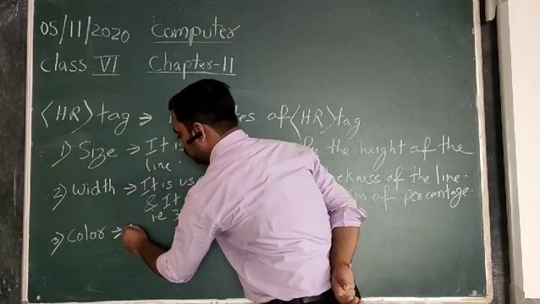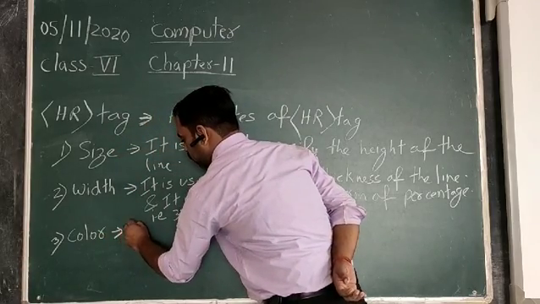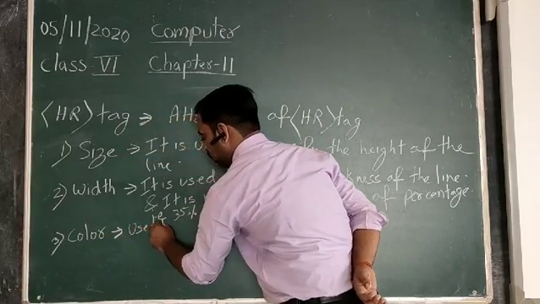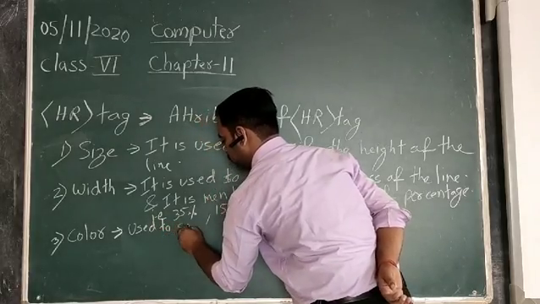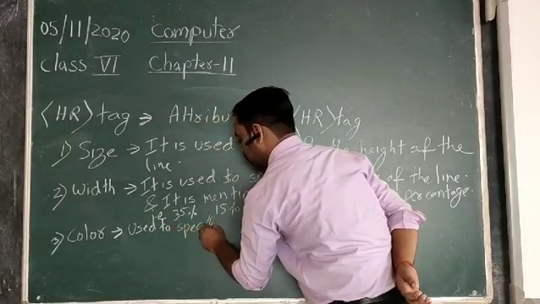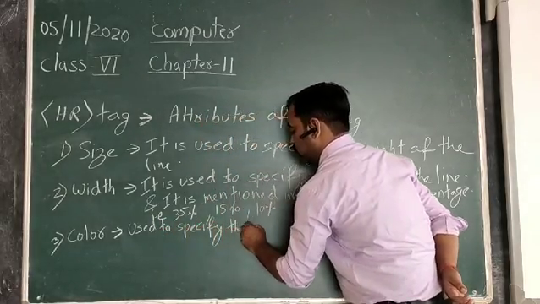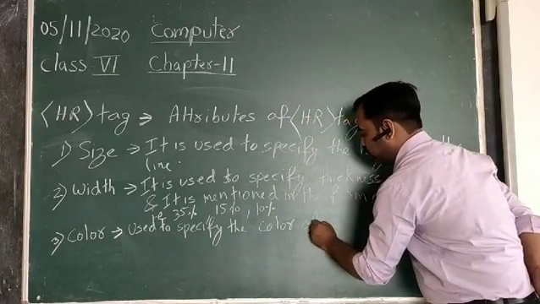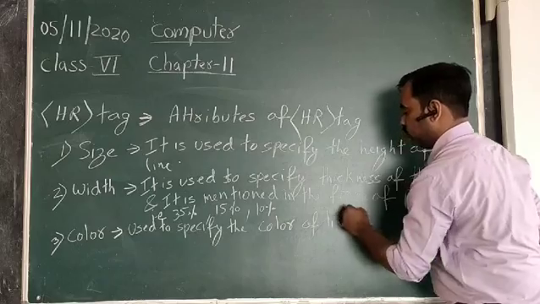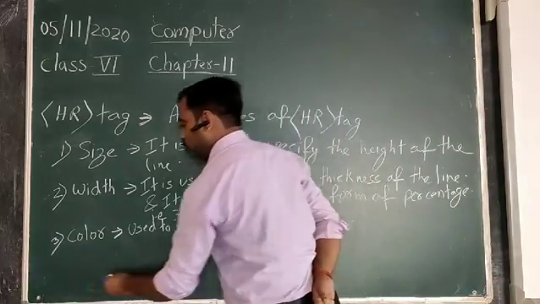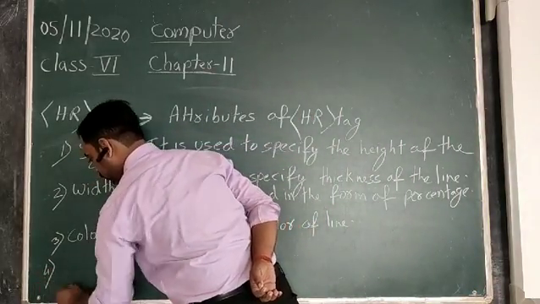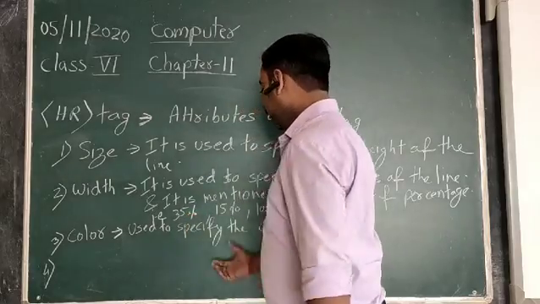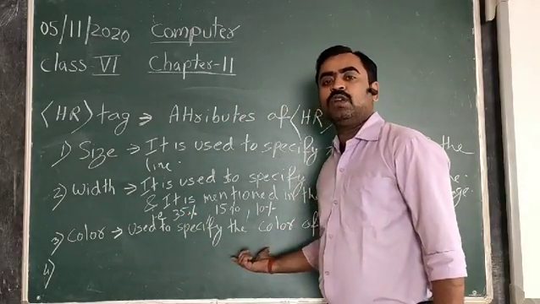Then the third attribute is color. The color attribute is used to specify the color of the line.